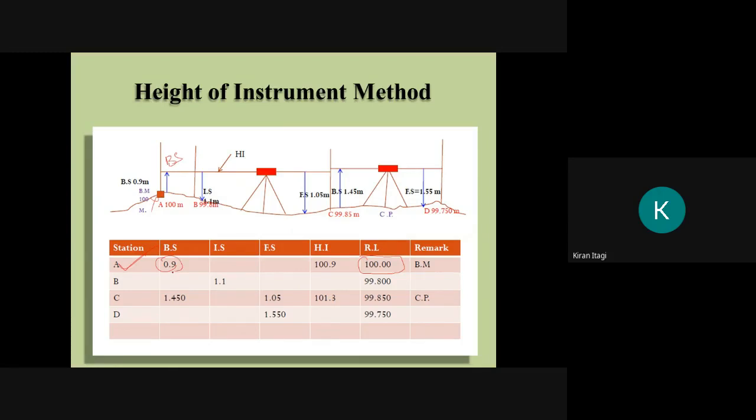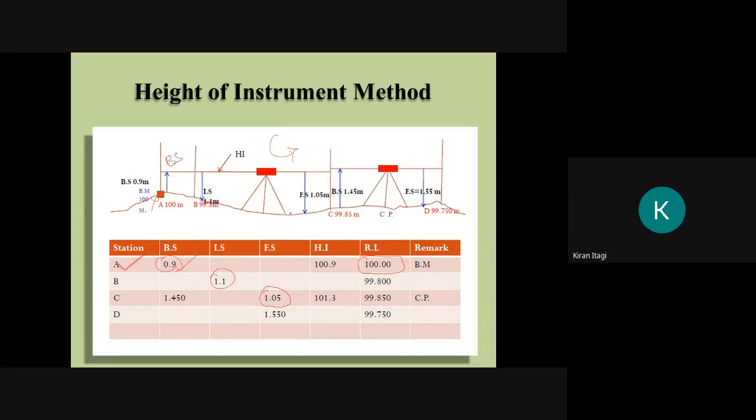First, we will take the backside. We will enter the staff reading, which is 0.9. Then I will turn my instrument and take the intermediate side. If it is the last reading at that station, we will take it as a fourth side.